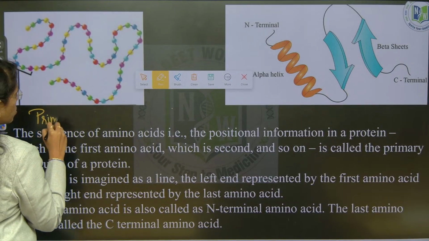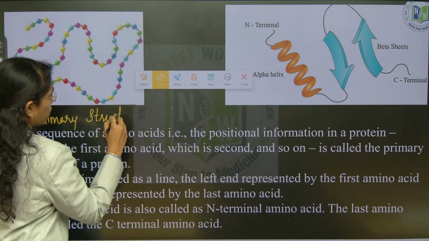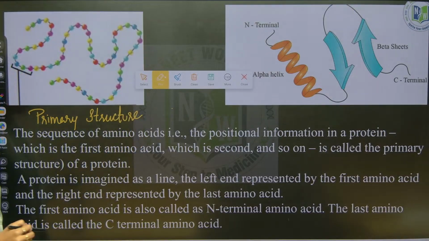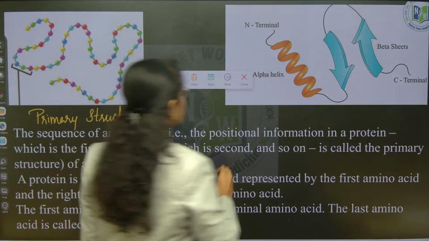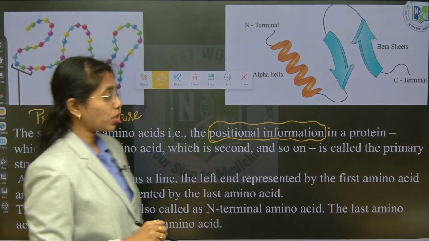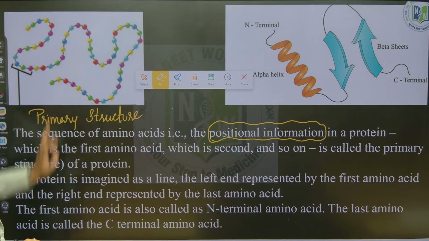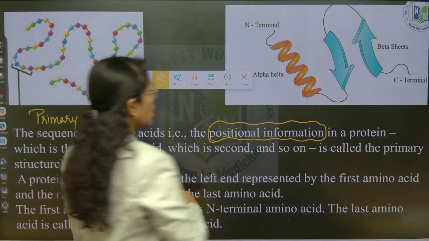In the primary structure, the sequence of amino acids will give positional information in the protein. Okay, this will give what? Positional information in a protein, which is the first amino acid and which is the last amino acid. That positional information is given by the primary structure. The first amino acid, which is second.